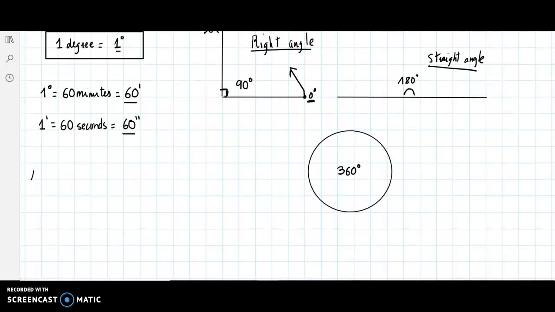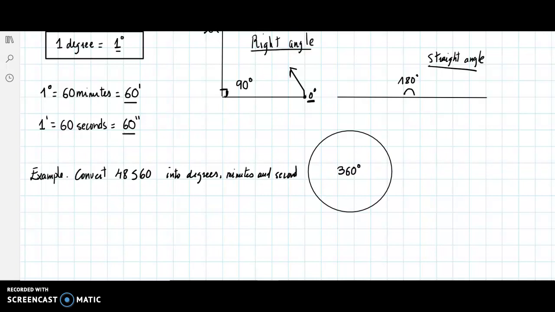So in first place, we are going to see an example of converting a number in seconds into degrees, minutes, and seconds. For example, convert the number, sorry, 400,560 seconds into degrees, minutes, and seconds.